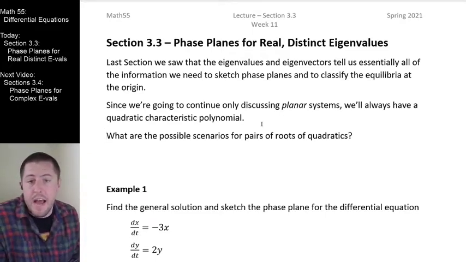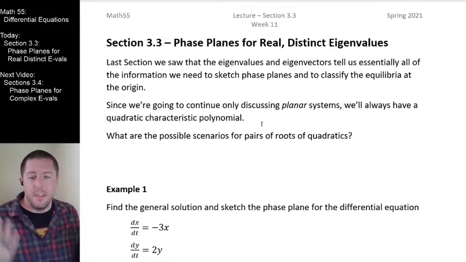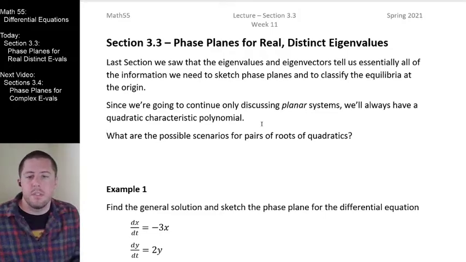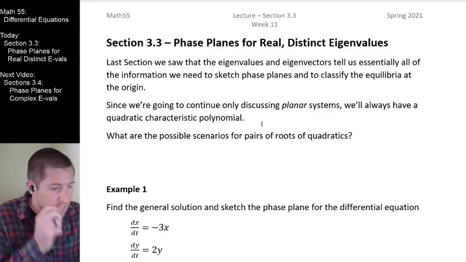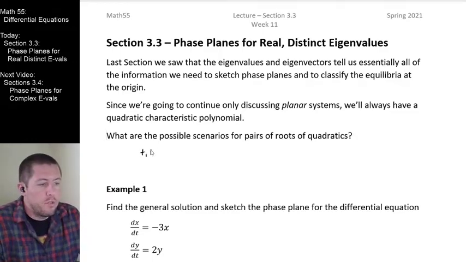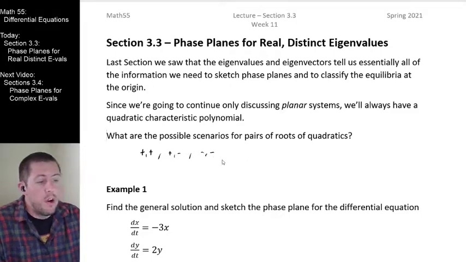So the question that we should ask before we get into all this classifying is, what are all the possible pairs of roots that you could end up with for quadratics? How could these be similar or different from one another? Well, I could get two roots that are both positive. I could get two roots where one is positive and one is negative, and I could get two roots that are both negative. Notice though that skips over our zero cases.